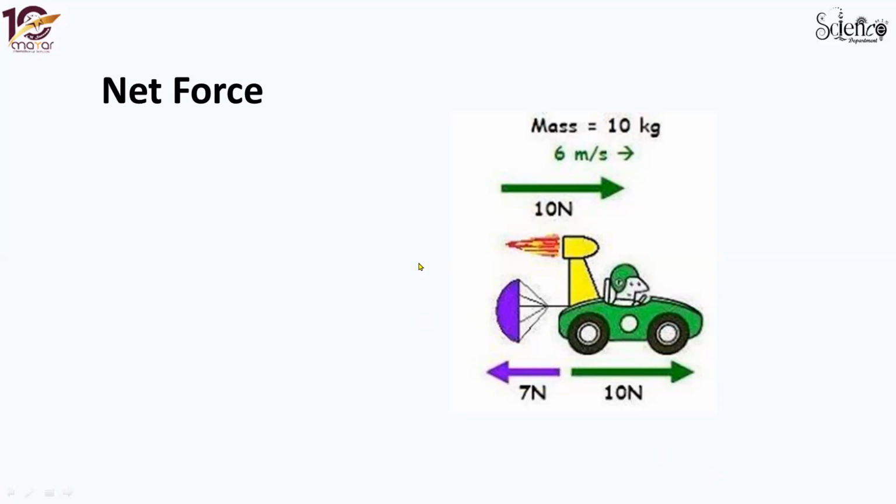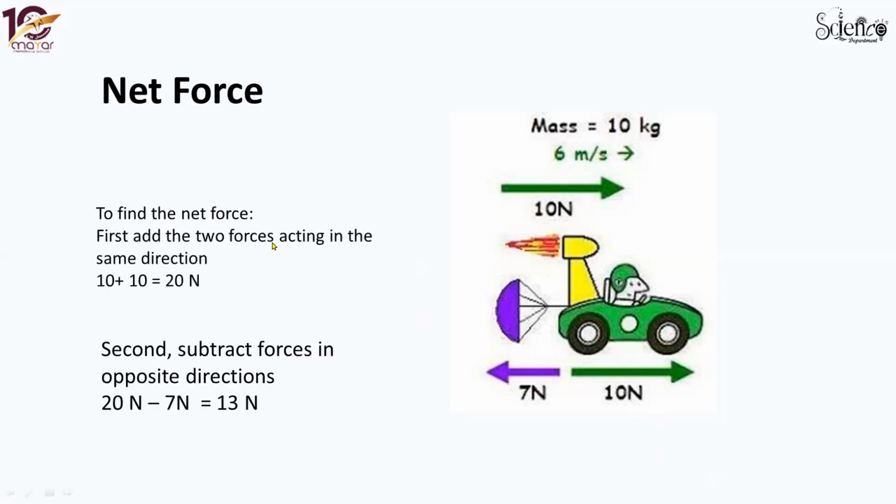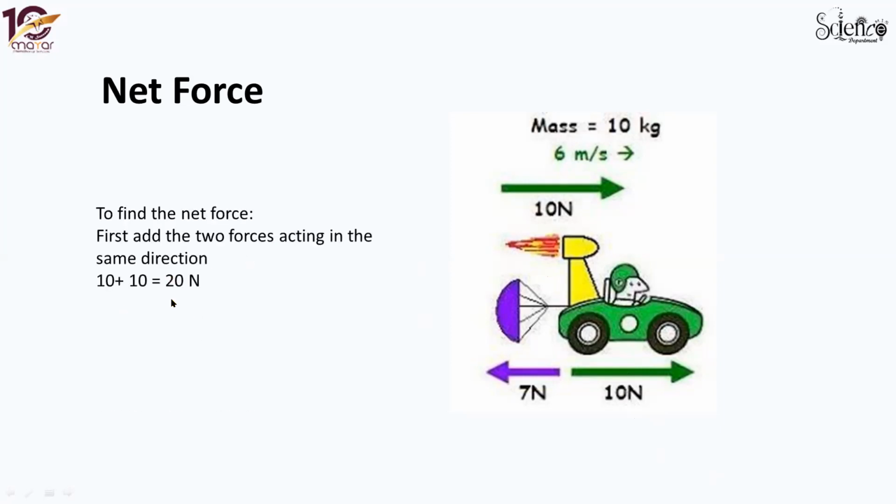First of all, I have 3 forces. So I look at the direction. Two of them are acting in the same direction, so we add them together. So 10 plus 10 is going to be 20 Newtons. So I'm done with the forces acting in the same direction. Now I have another force acting in the opposite direction.